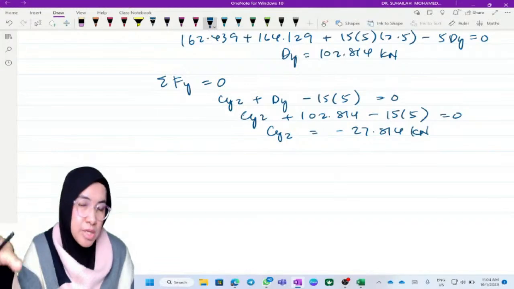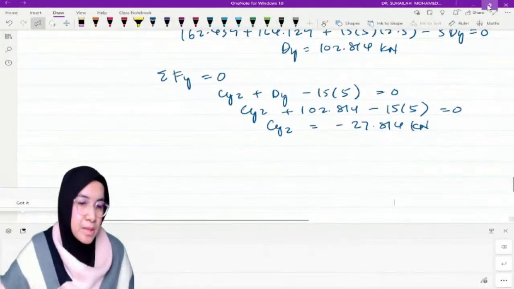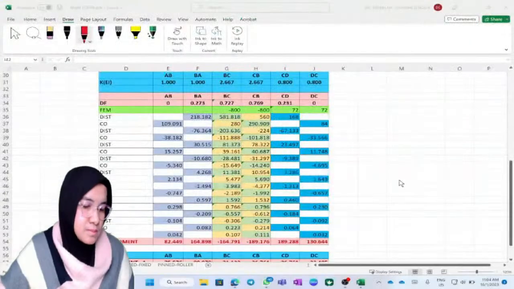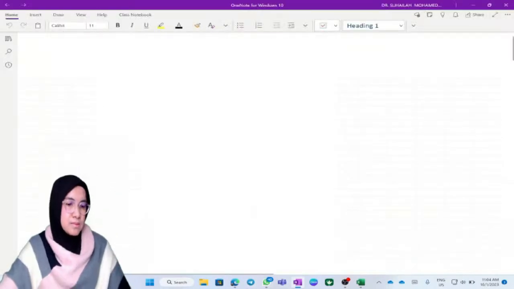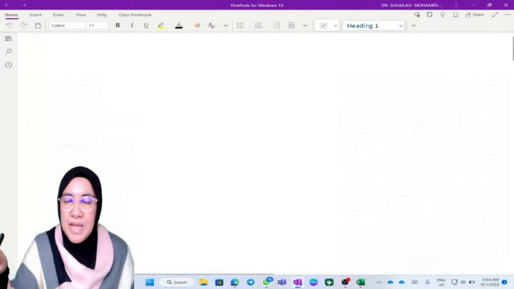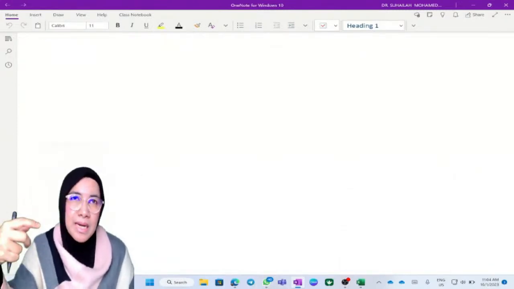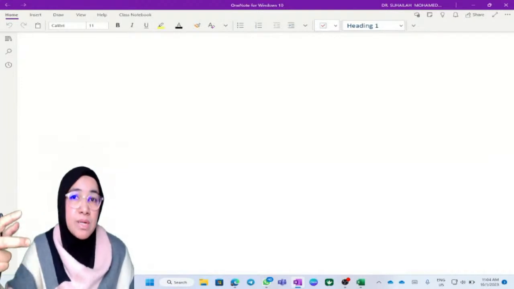we have to continue to draw the shear force diagram after this. Okay, that's the step after we have finished calculating member end moment from the table.